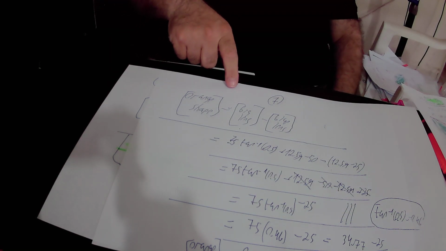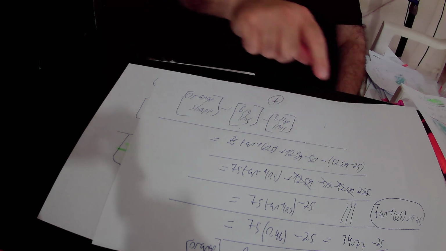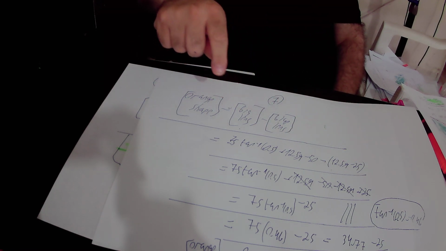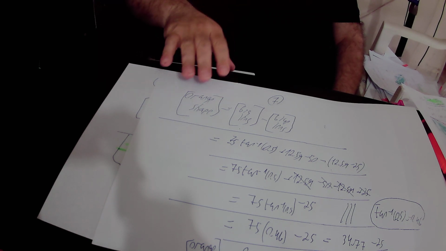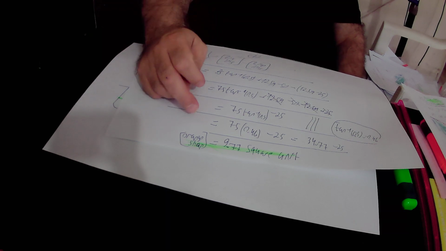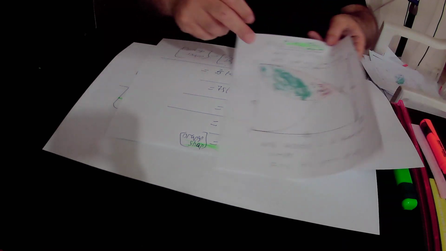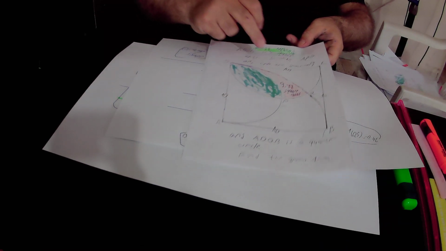So this is the area of the big lens minus the area of the blue lens, which gives us the area of the orange shape. So in conclusion, we found out that according to the first method, the area of this orange shape equals 9.77 square units. Okay.